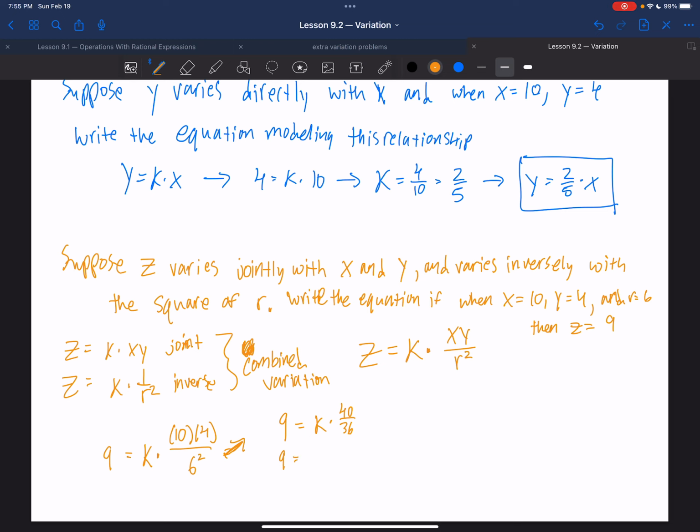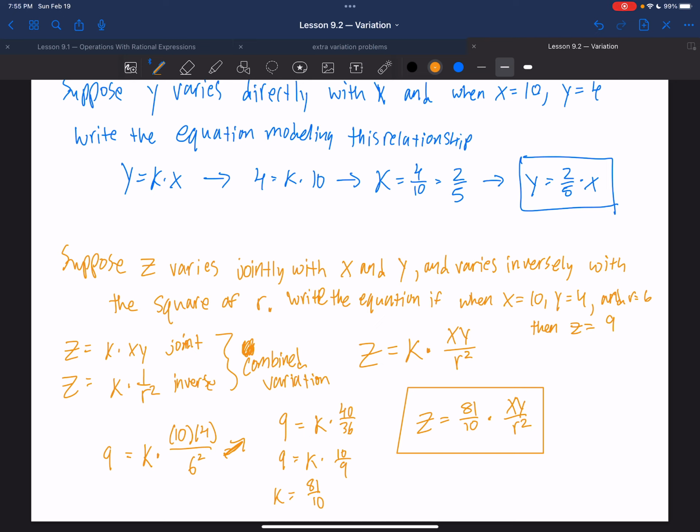Divide both of those by 4, and you get 10 over 9. Okay, so multiply 9 to the other side, and then divide by 10. So k equals 9 times 9 over 10. That's 81 over 10. Therefore, z equals 81 tenths times xy over r squared. Done. K was 81 divided by 10.